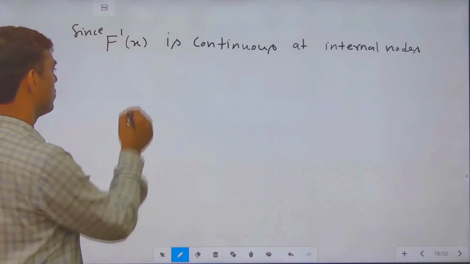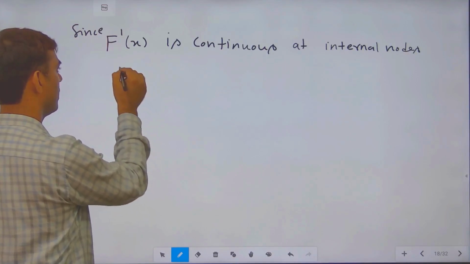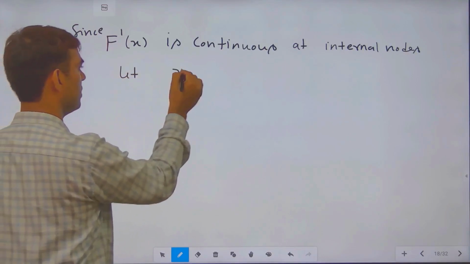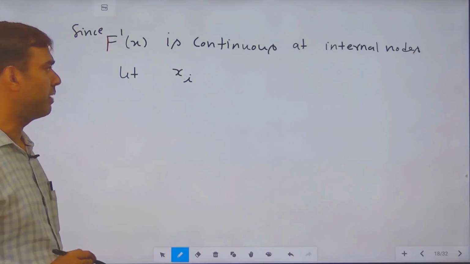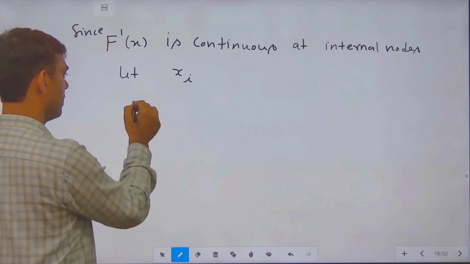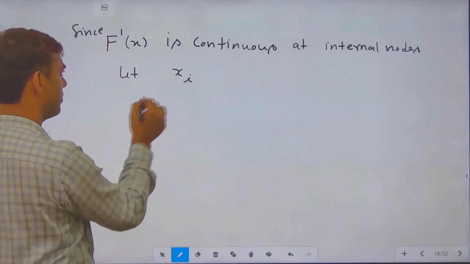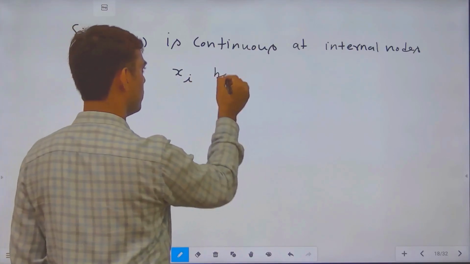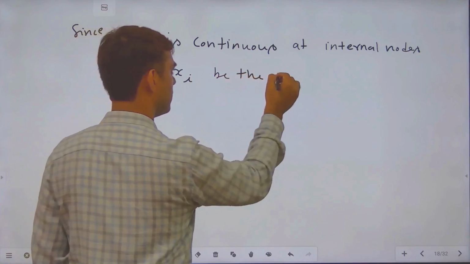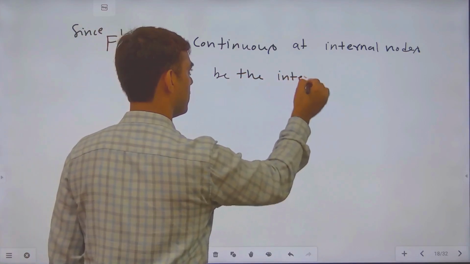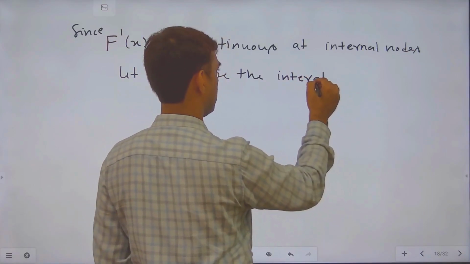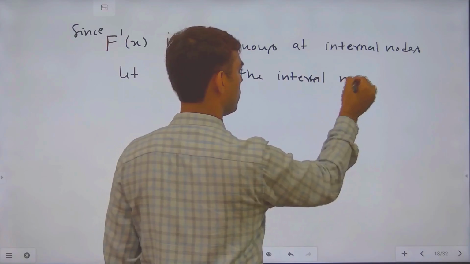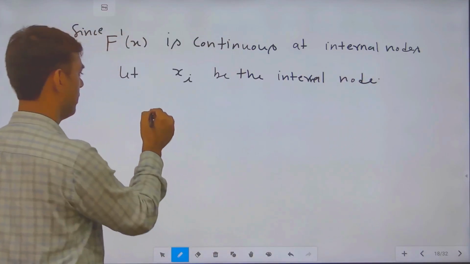Suppose that one internal node is x_i. Let x_i be an internal node. Then what will happen? If f'(x) is continuous, and x_i is an internal node, then what will happen?